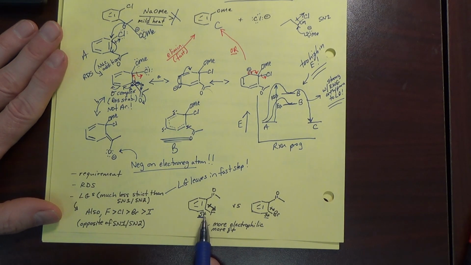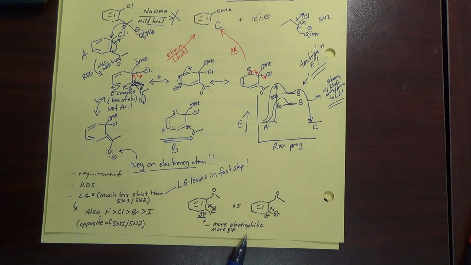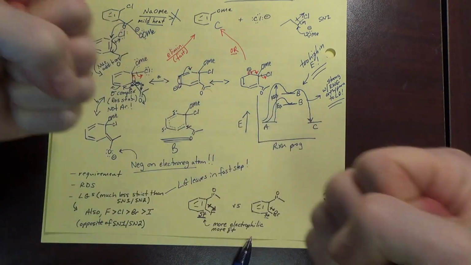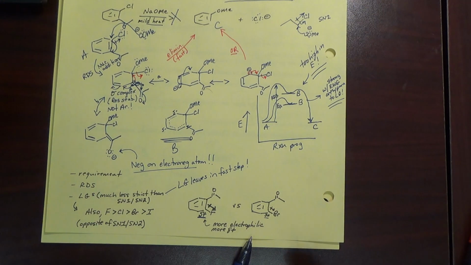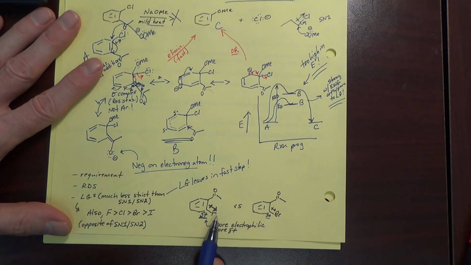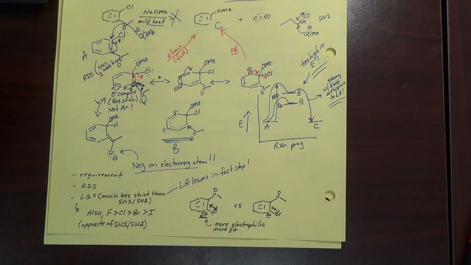Essentially, it lowers the activation energy. Because when you've got stronger charges attracting, that's more favorable, and it's going to happen easier. So we say, yeah, the F is a better leaving group, but it's not because it's actually leaving. It's a better leaving group because it imparts a stronger partial positive on the carbon it's bonded to.